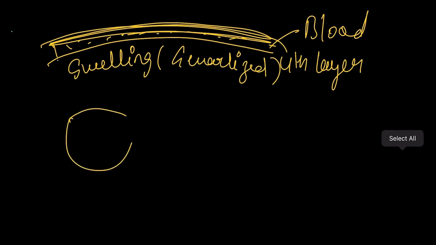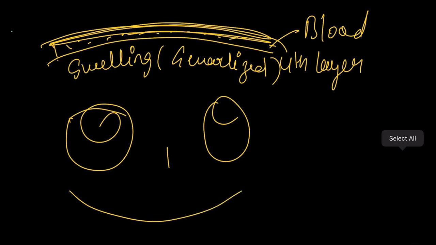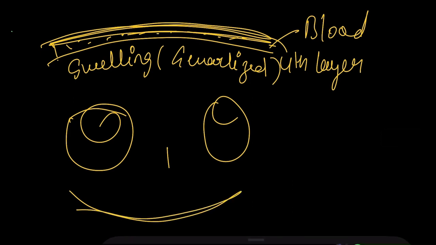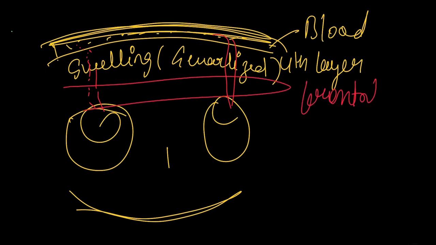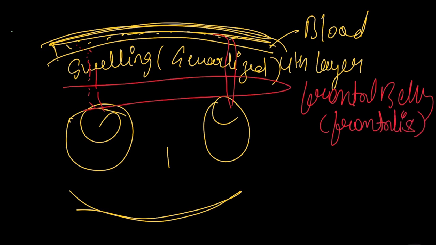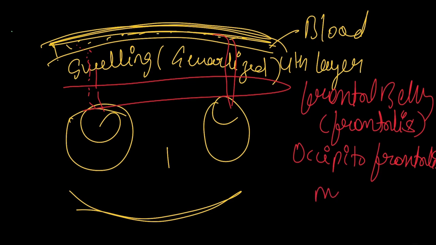we have the, I guess these are the beautiful eyes, okay, so these blood get coming down slowly over here. Why? Because there is the accumulation of the blood, and the blood needs to come downwards over here in our, this part is known as a frontal part, okay, frontal belly, or we say it is also frontalis of our occipitofrontalis muscles, okay.